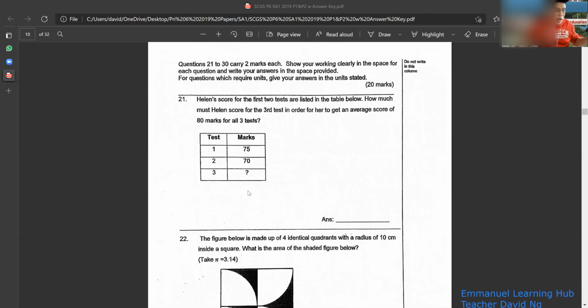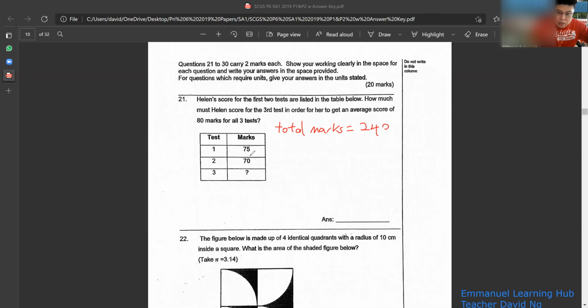21. Okay, Helen's scores for the first 2 tests are listed in the table below. How much must Helen score for the 3rd test in order for her to get an average score of 80 marks for all 3 tests? So 80 marks for all 3 tests, that means the total marks for all 3 tests is 80 times 3. 80 times 3 is 240.